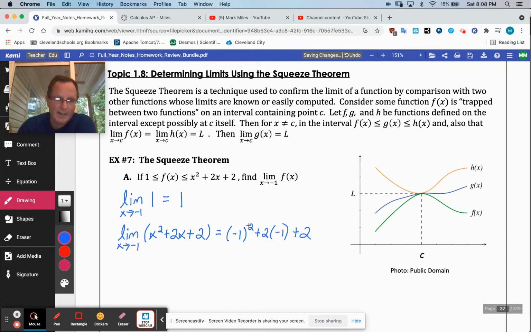So that's 1 minus 2, which is -1, and -1 plus 2 is 1.